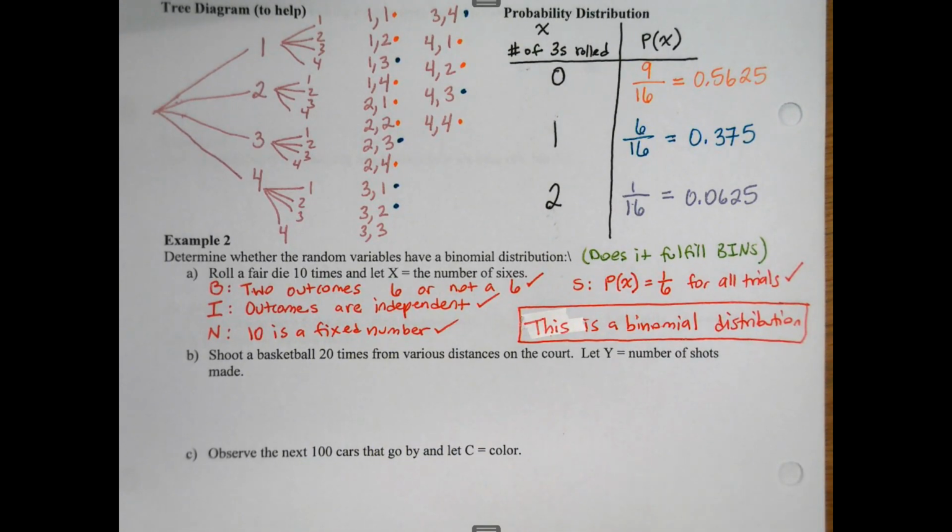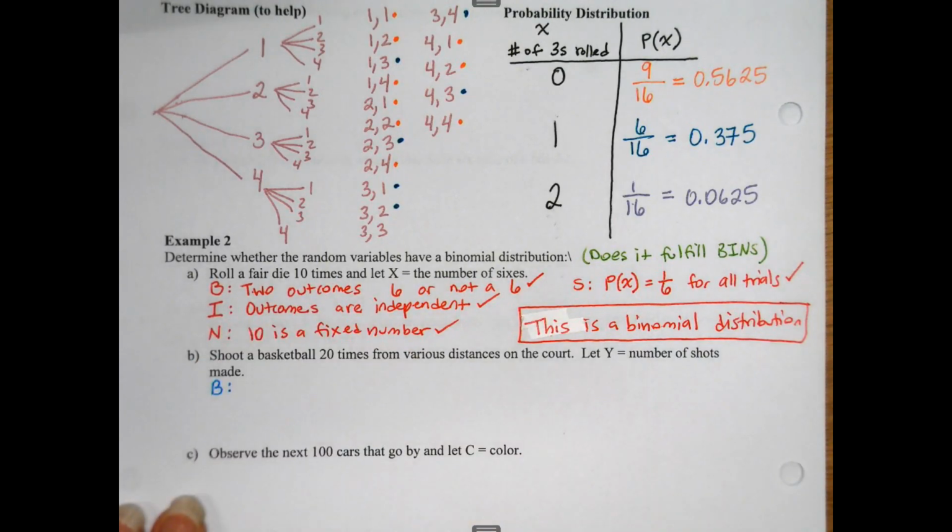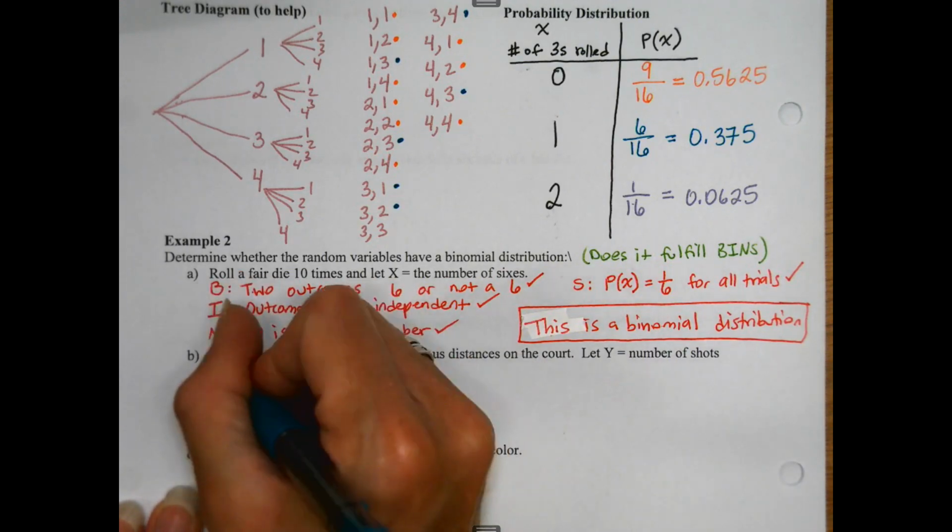Part B. Shoot a basketball 20 times from various distances on the court. Let Y equal the number of shots that are made. So first we need to know if this is binomial. Are there two possible outcomes? Well, there's going to be two possible outcomes. You're either going to make a basket or you're going to miss.